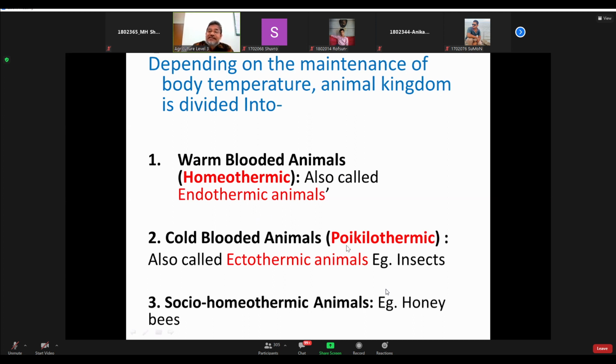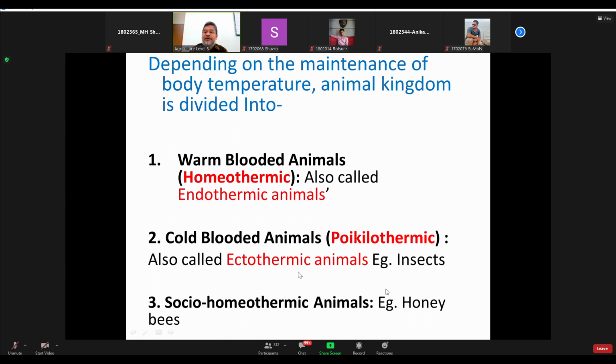But the cold-blooded insects are called poikilothermic animals or ectothermic animals. Poikilothermic animals: the body metabolism, that is the metabolic activities, will be directly proportional to the environmental temperature. If the temperature is high, the metabolism will be higher.